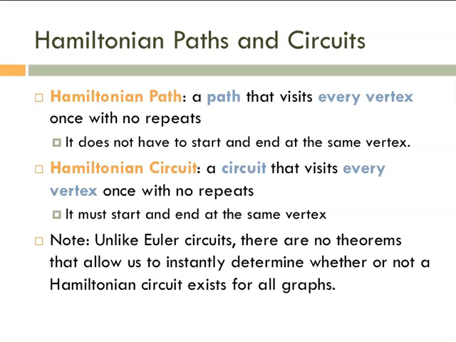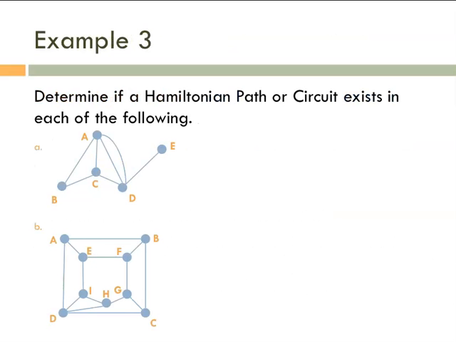Okay, so in example 3, the first one there, determine if a Hamiltonian path or circuit exists in each of the following. Okay, so let's start off with a Hamiltonian circuit. So this is going to each vertex without repeating any vertices.